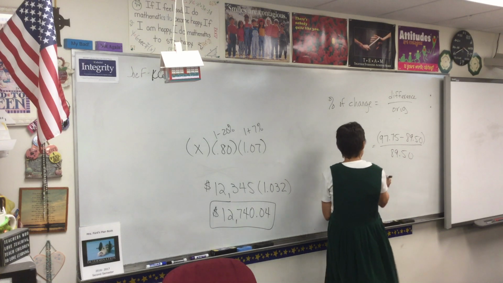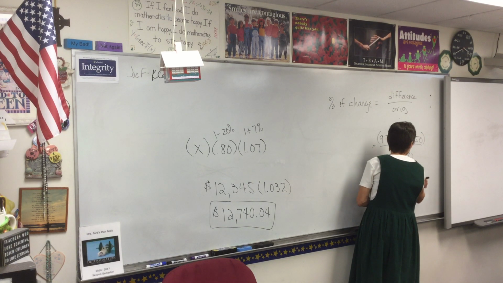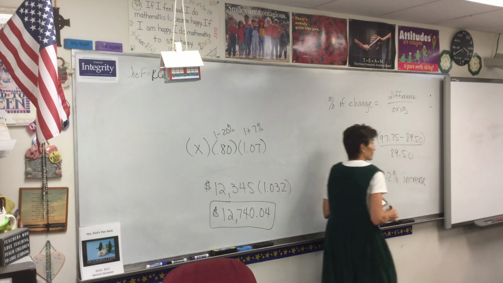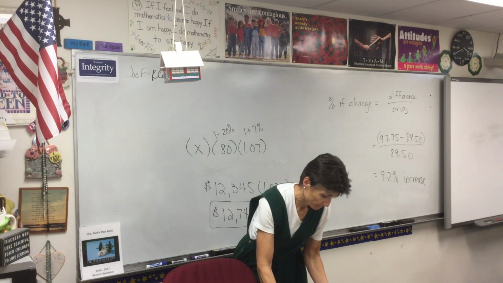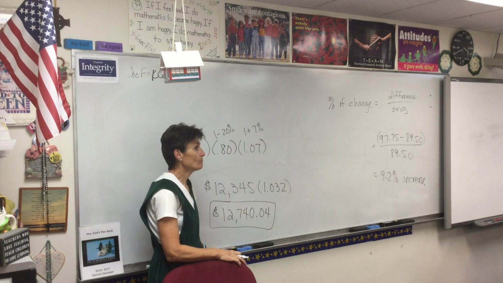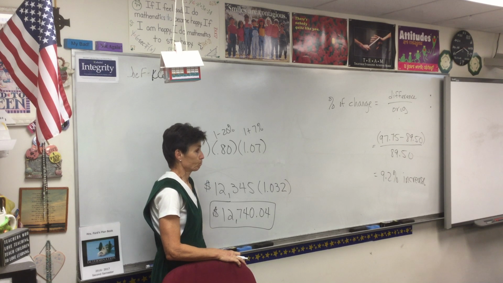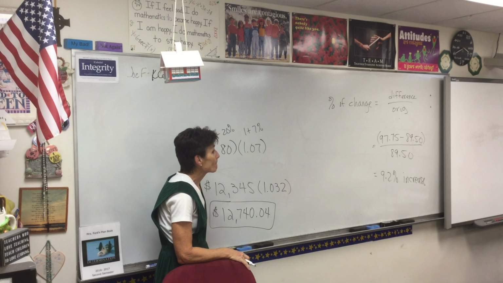And I got a 9.2% increase. Is that what you got? When I divided 97.75 by 89.50, I got 1.092.